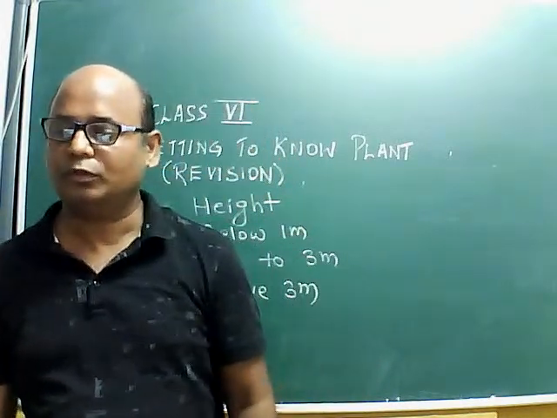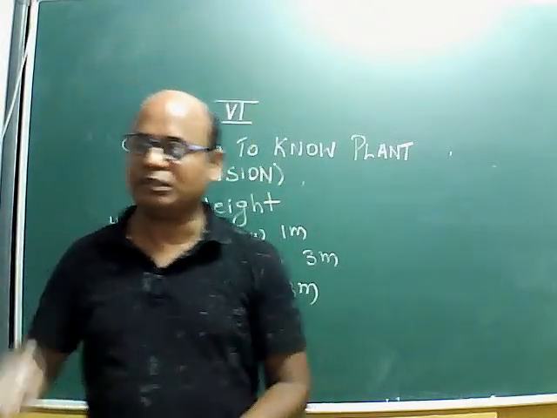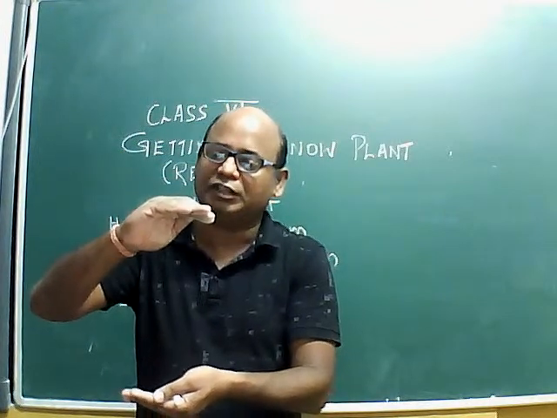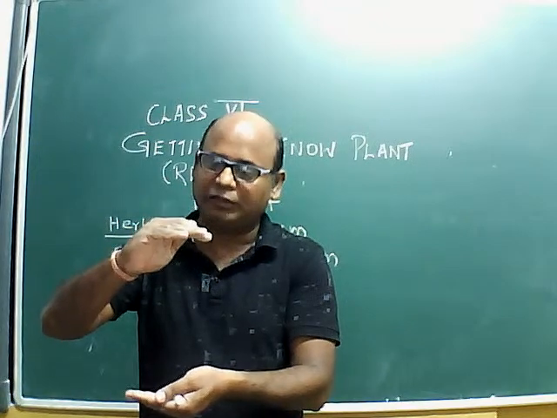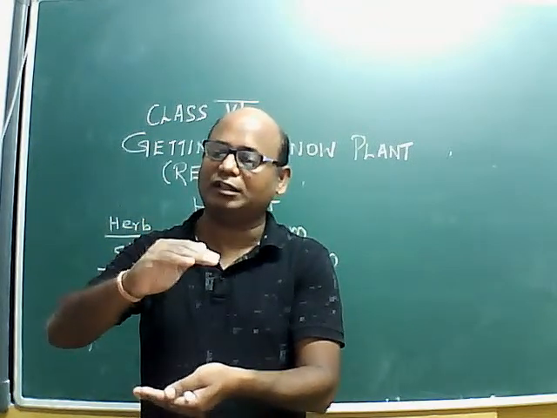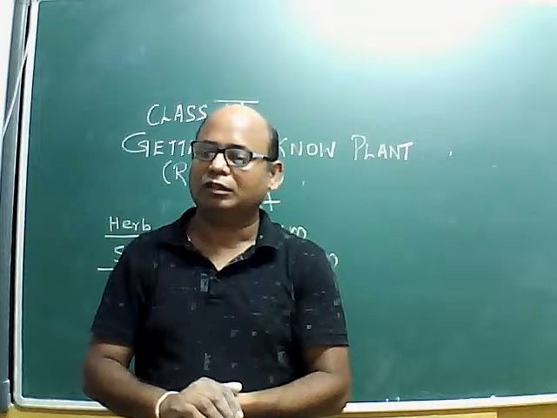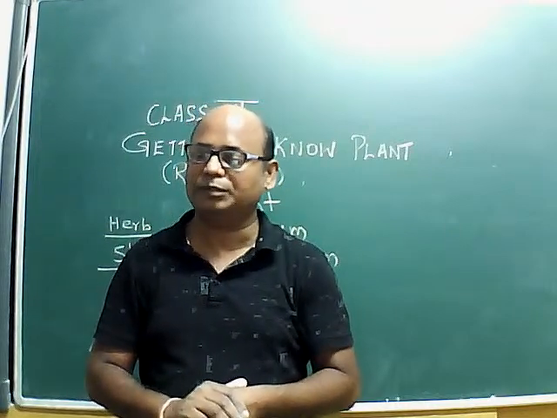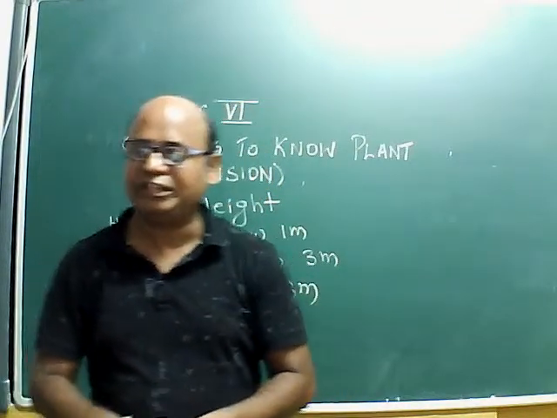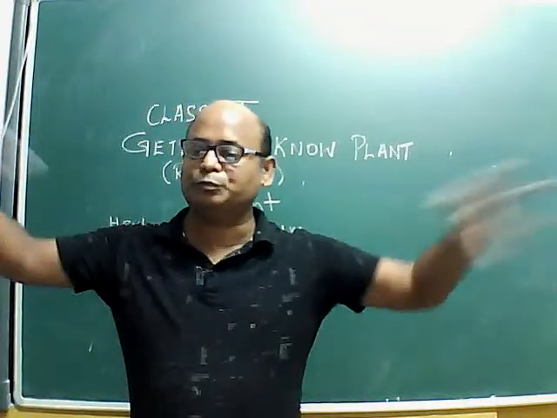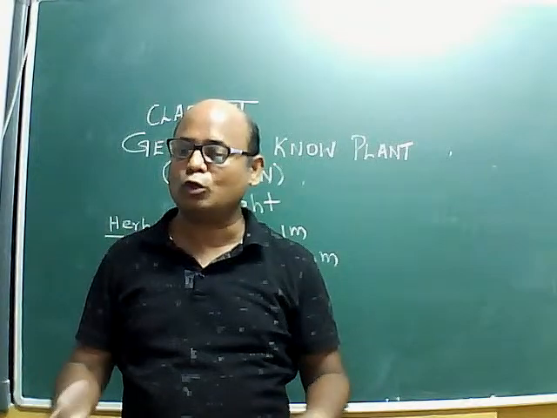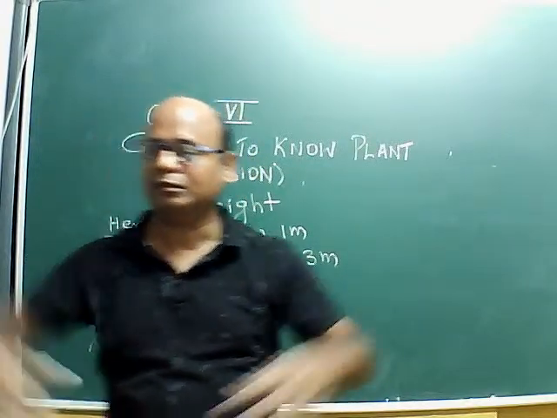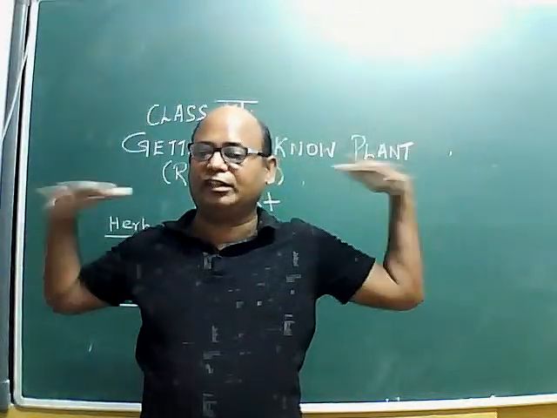Okay, so you always remember herbs are very small plants below 100 centimeter. Tulsi, neem, coriander. Okay, all these are example of herbs. Rice, wheat. Then shrub is bushy plant, right? Custard apple, China rose, lemon, like this bush-like appearance is there.